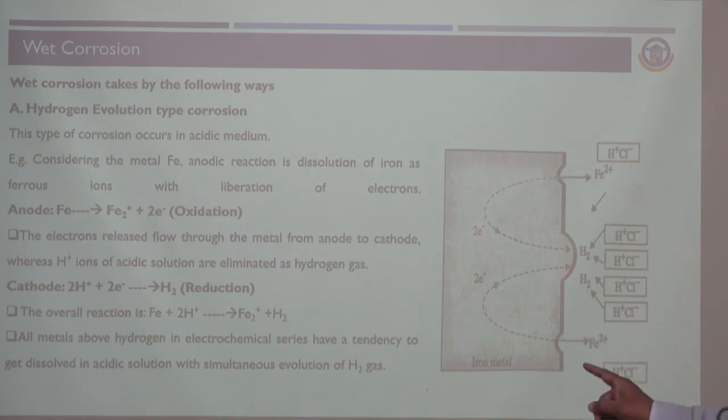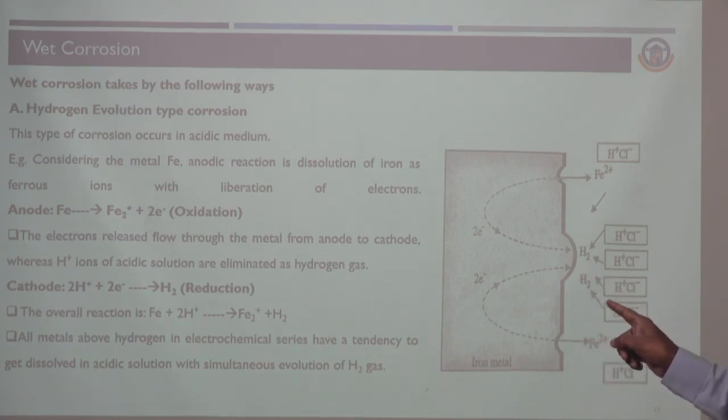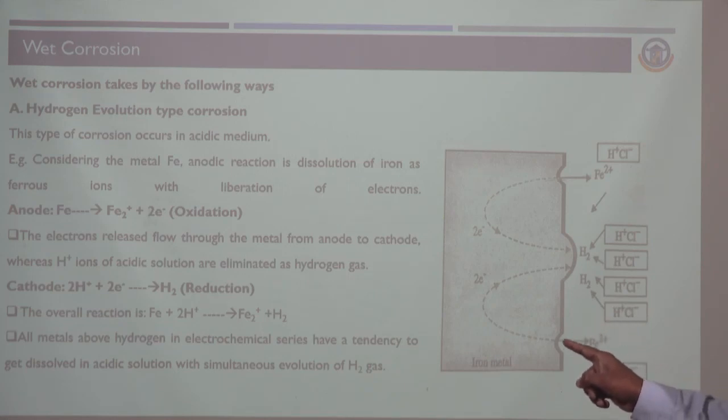Now we can consider this metal as iron, kept in acidic medium, and because of that, the metal undergoes oxidation, and electrons are lost in the oxidation reaction, and the lost electrons will pass to the acidic medium and be absorbed by the H plus ion, and it will be reduced to H2 gas. So here the cathodic reaction is the production of H2 gas because of the reduction reaction.